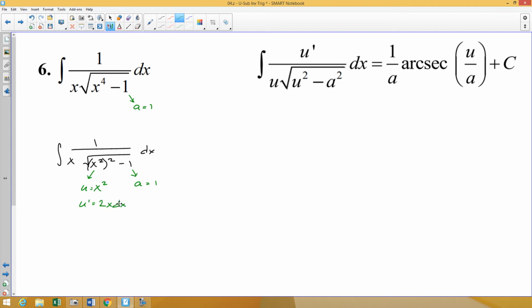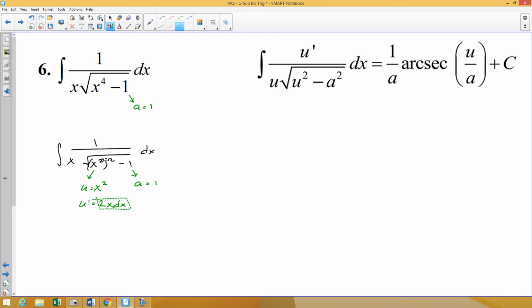And here we are about to see a new situation and a new way to account for your u prime. I've told you that in every u sub problem you absolutely must account for u prime. There's no exception to that. Every time you do u sub, you must see u prime in the problem. The issue here is I don't have any x's up here.